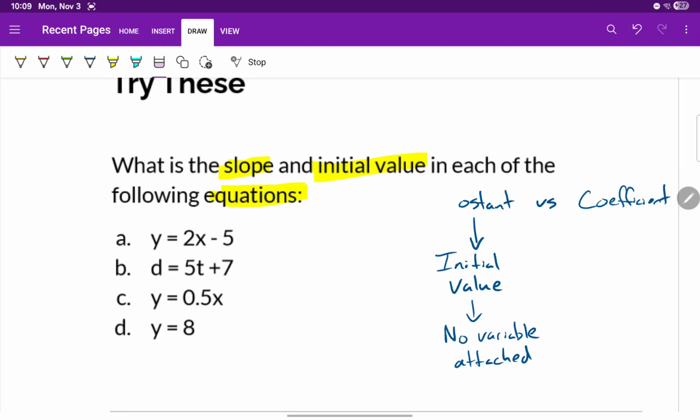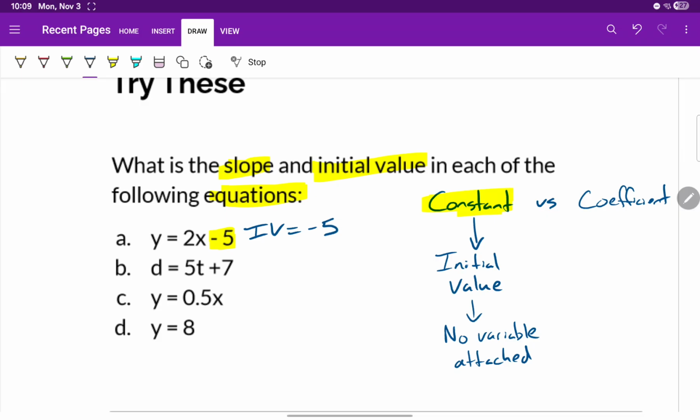I can see I spelt that wrong. And we're going to highlight that one in yellow. Now, if I look over at each of my equations, I can see some constants. In the first one specifically, I'm going to highlight my -5. And so in my first example, my IV is equal to -5.